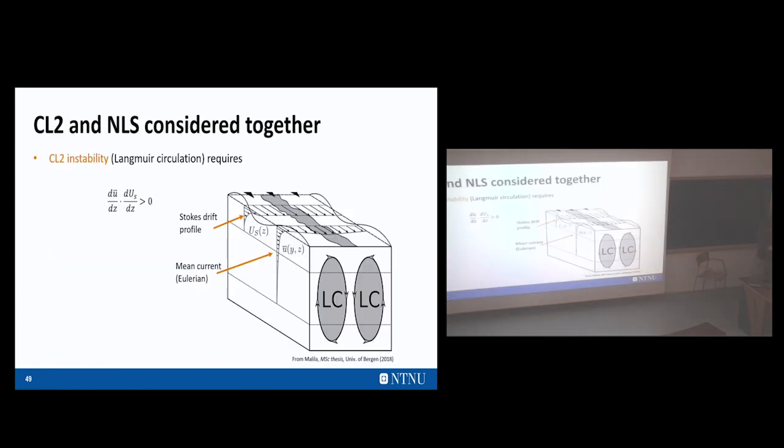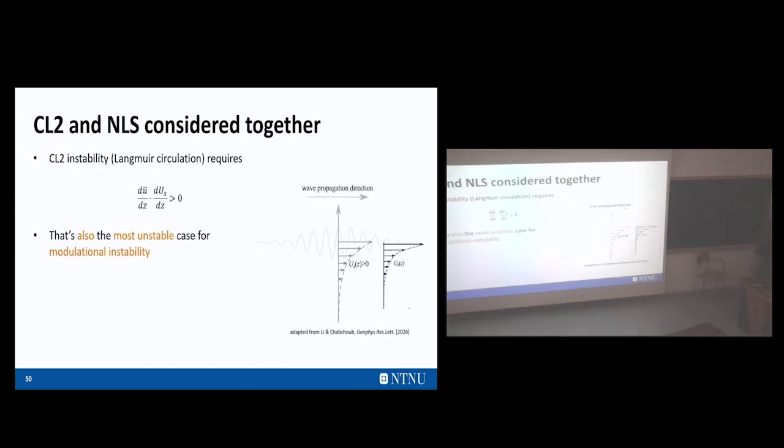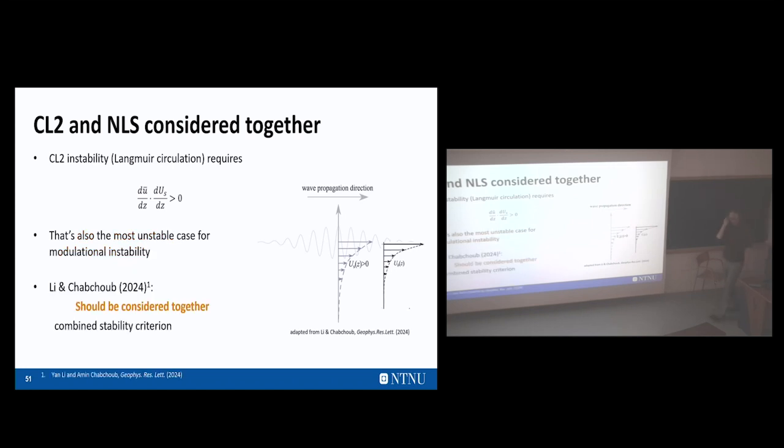But the CL2 mechanism by Craig and Leibovich says that the system is unstable to Langmuir circulations if the slope of the mean profile times the slope of the Stokes drift profile have the same sign, like in this picture. Well, that's also the most unstable case for the modulational instability. So Yan Li and Amin Shabjob published this paper just a month ago, maybe, with a combined stability criterion. That was quite neat.